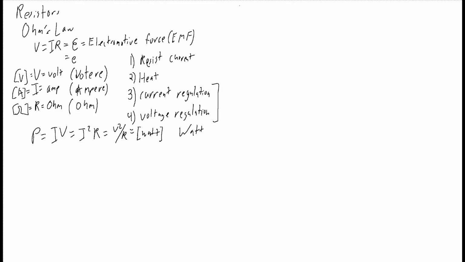Then we have a capacitor. Let me pull out a little thing here. I have a small collection of capacitors. Flip over the camera. So this guy here is a ceramic capacitor.